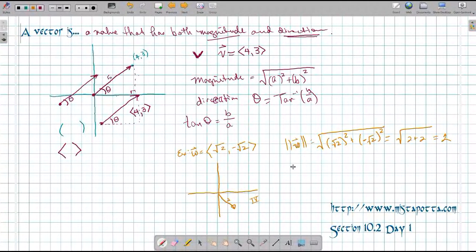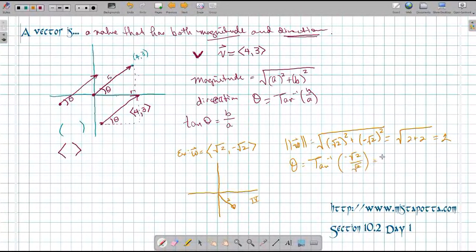And if I want to find the angle, I know that theta is supposed to be tan inverse of negative root 2 over root 2.